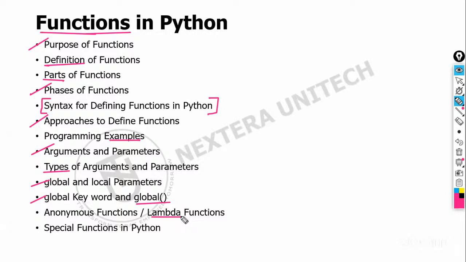Okay, so what is the meaning for lambda function? How we have to define a lambda function? The syntax, each and every topic will be explained here. And finally, the special functions in Python, where we have map, reduce, and filter. Right? So all these topics we are going to cover as part of functions.